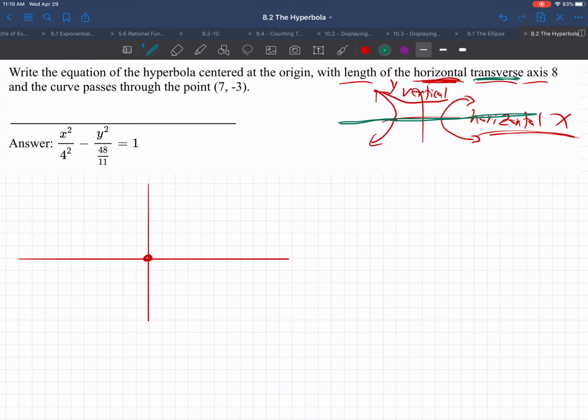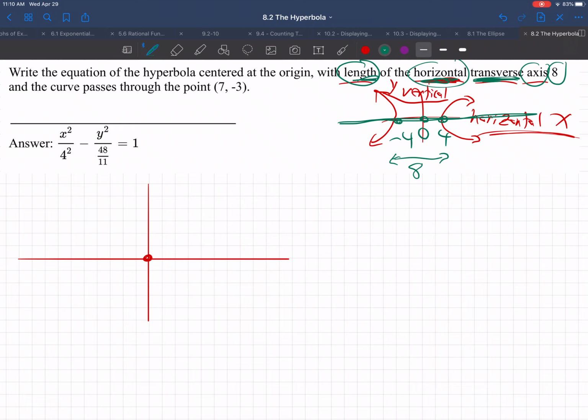So when they say horizontal transverse axis, they're saying the hyperbola branches go horizontal. They go right and left. They don't go up and down. They're sideways. And the length of the horizontal axis is 8. That means it must be 4 this way and 4 back that way from 0 to make the total length 8. Do you see that?